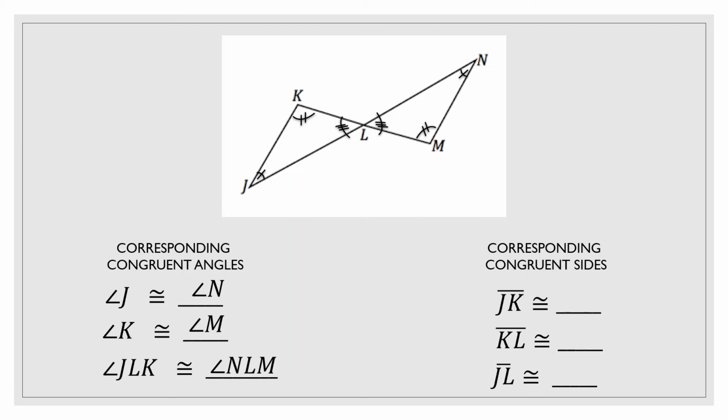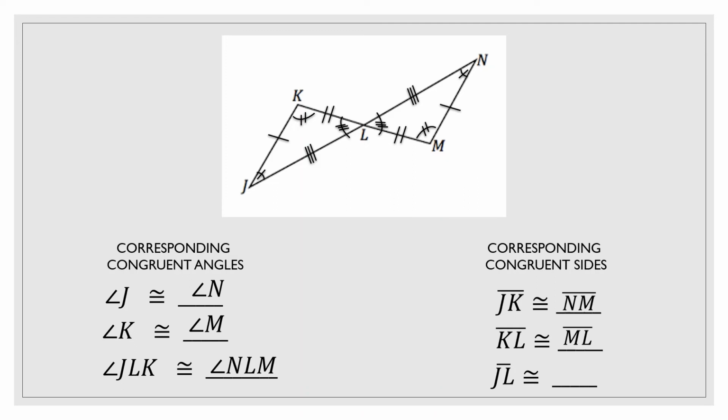Now, let's move on with the corresponding congruent sides. JK corresponds to NM. So, we can now say that JK is congruent to NM. KL corresponds to ML. So, we can now say that KL is congruent to ML. And JL corresponds to NL.